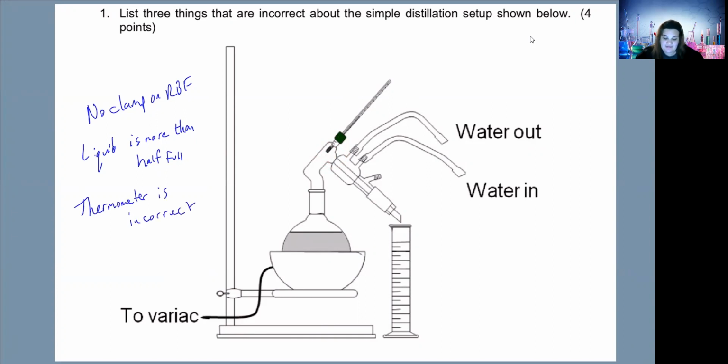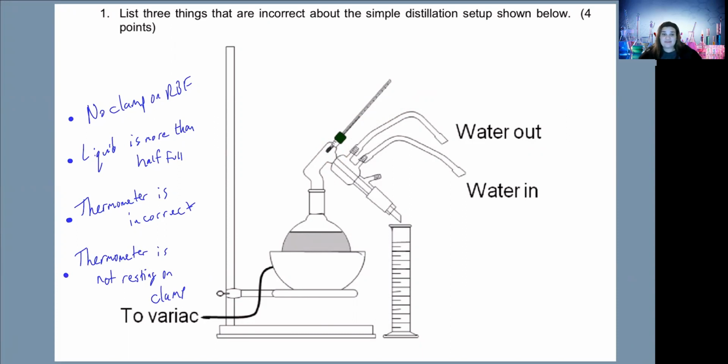Okay, and the very last thing that is wrong with this setup for simple distillation is the thermometer is not resting on a clamp, you know, or some kind of surface. Okay, so those are the 4 things that are wrong. Just as long as you came up with 3 out of these 4, you're okay. All right, you get full credit, you get all 4 points.